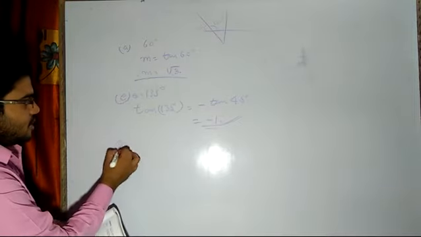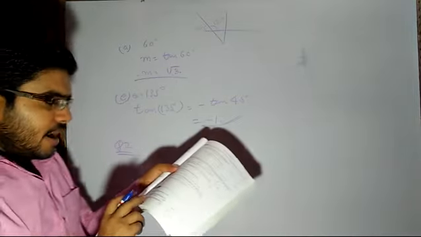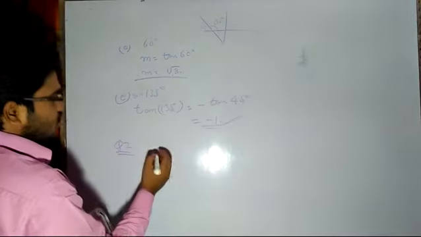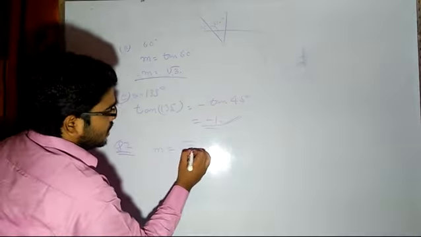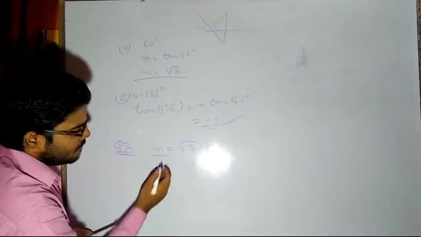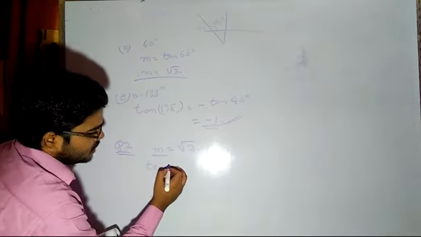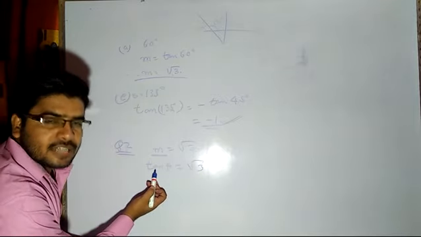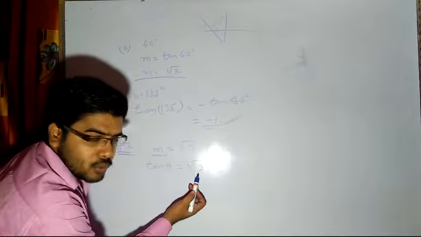Now question number 2 says, write the inclination of the line whose slope is given as root 3. Slope means m is equal to root under 3. So in place of m, you can write tan theta is equal to root 3. Slope is also represented as tan theta. Tan theta is equal to root under 3.